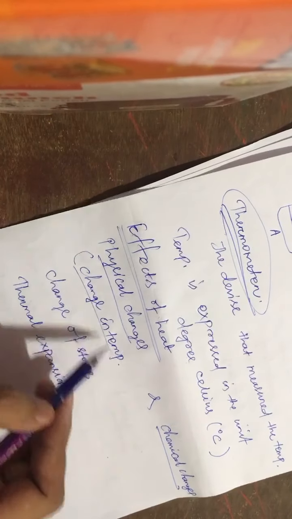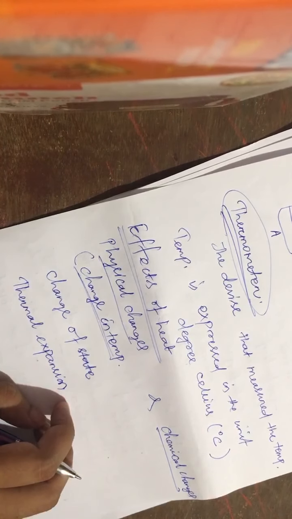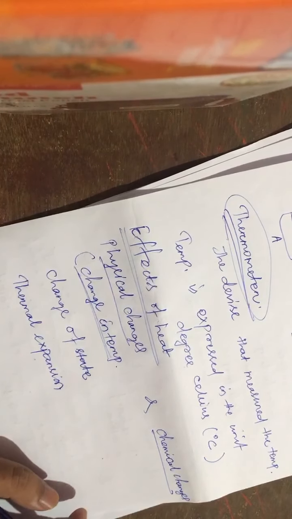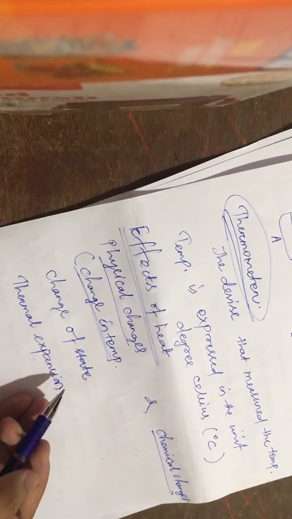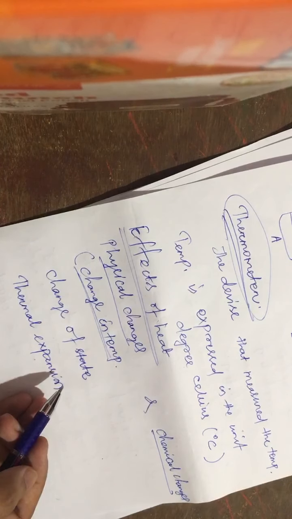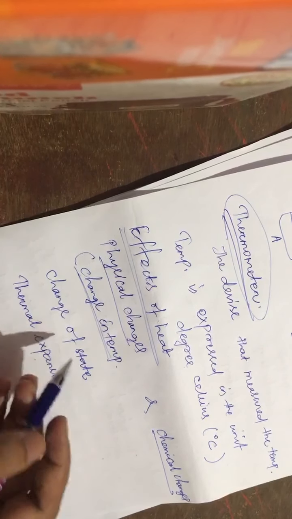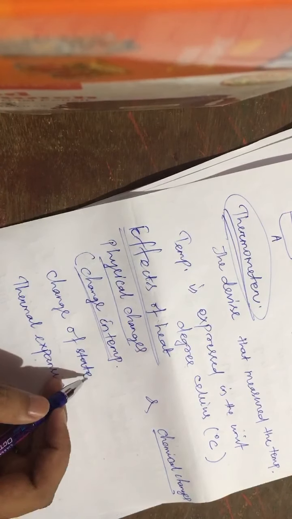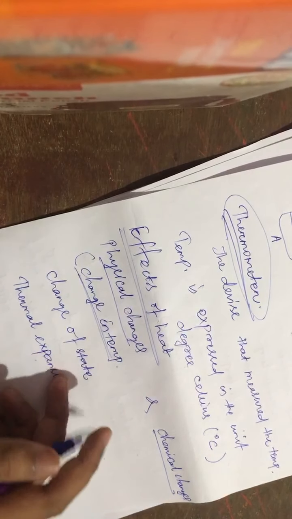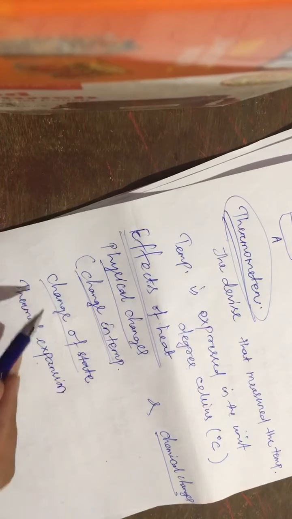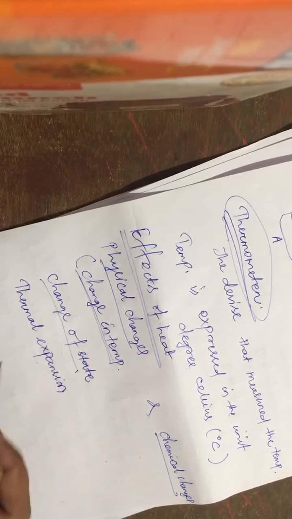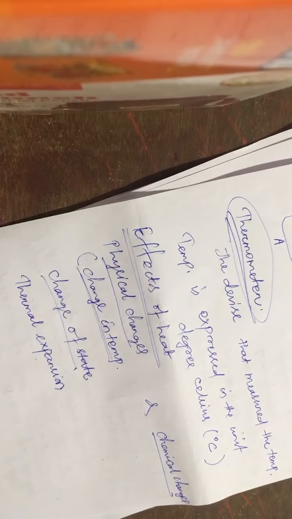Normally, change in temperature means addition or removal of heat can change the hotness and coldness of our body. Then change of state: for example, when we freeze water it converts to the solid state, and when we heat the ice it changes to the liquid state, so heat also changes the state. Then thermal expansion: most solids, liquids and gases expand on heating.